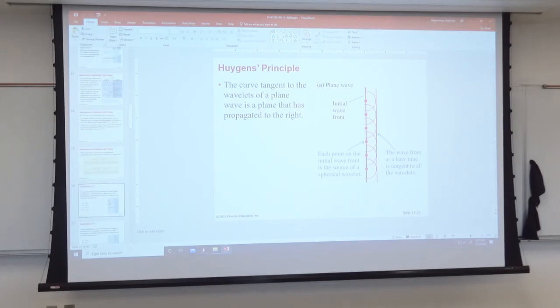And the rays are always perpendicular to the wavefronts. Okay? So if you want to draw a ray here, then this ray needs to be perpendicular to each and every point here. So that would be the ray, okay? Because this is perpendicular to each and every point. You cannot draw like that because that's not perpendicular. It needs to be perpendicular. Okay?